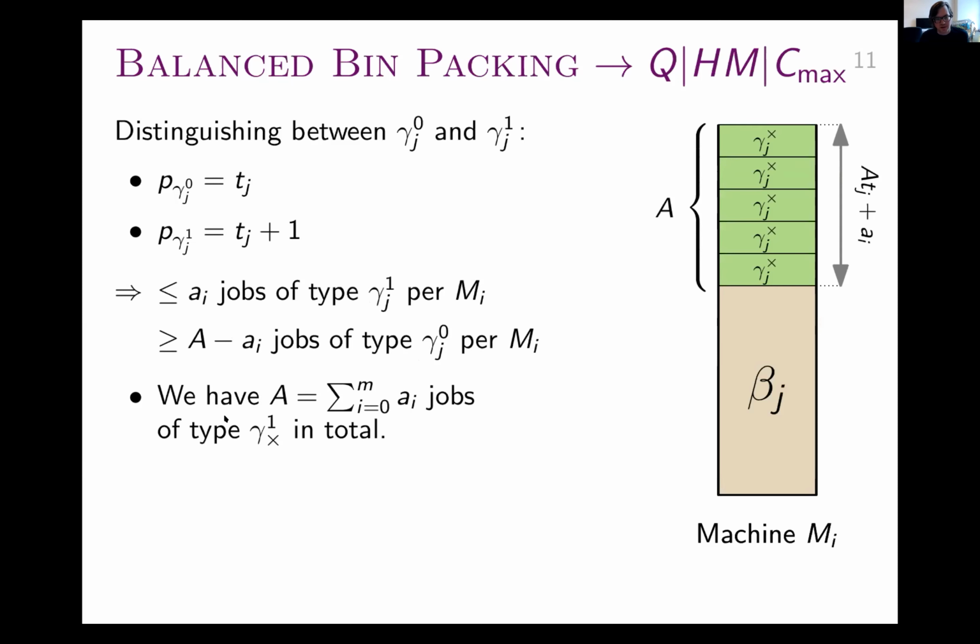And because we have exactly A, that's the total size of the instance, we have this many jobs of type gamma 1 in total. So this enforces that MI has exactly AI jobs of type gamma 1j.